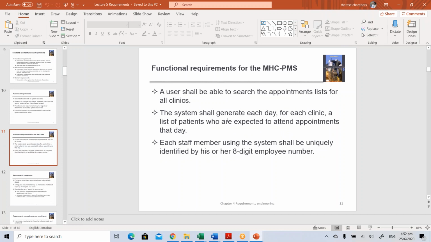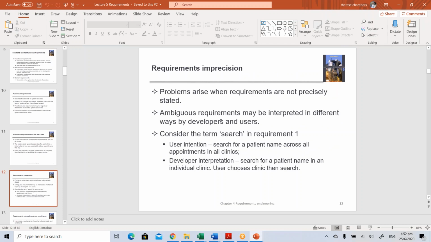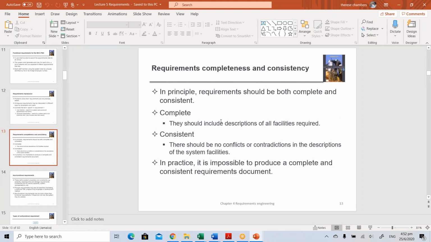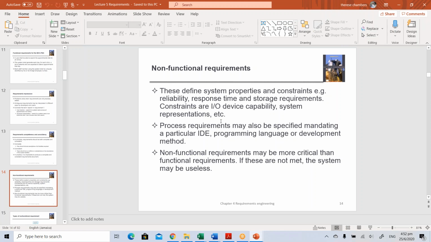These slides that I gave you focus on the patient management system. So it looks at it in detail and how they are developed. Okay. This goes into requirements imprecision and speaks of completeness and consistency, which we just did.